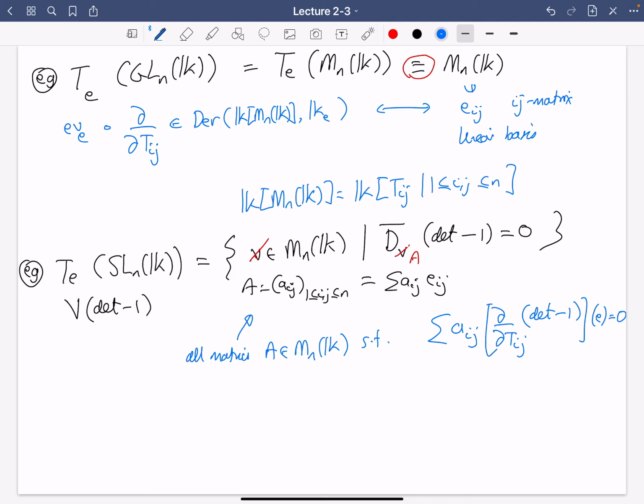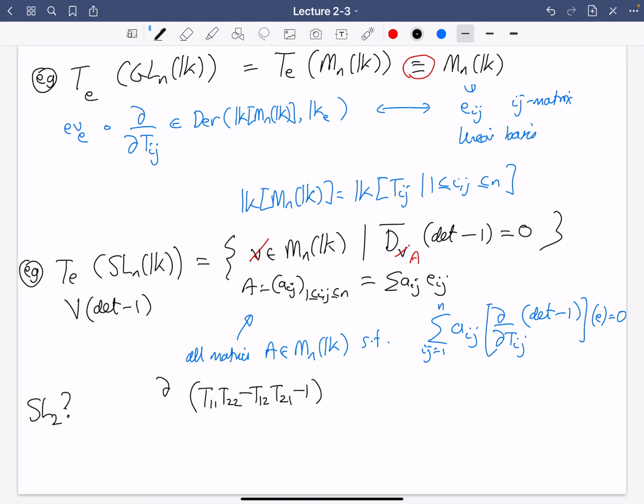So that looks kind of gruesome and nasty, which is fair. Let's just do SL2. It's really not too bad. For SL2, determinant is just T11 T22 minus T12 T21 minus 1.